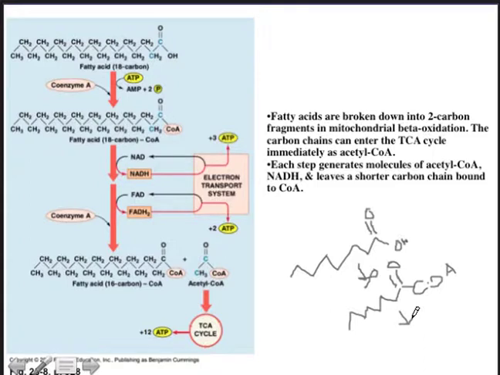Now we're going to oxidize the beta carbon. And the way we do that is we produce now, here we go, we put an OH here.